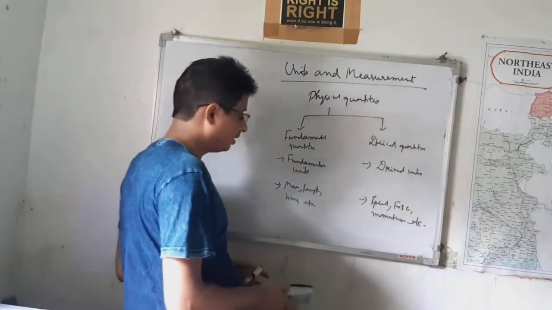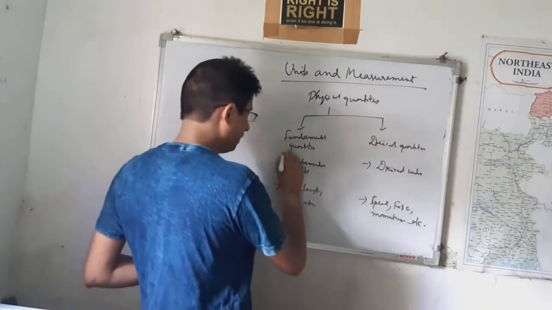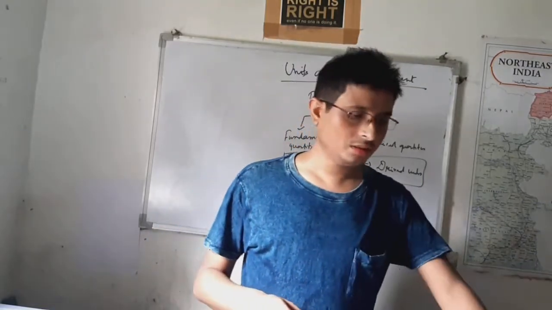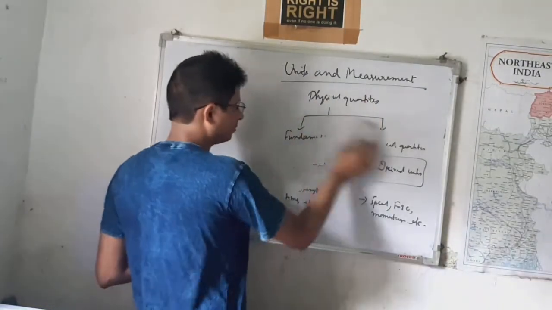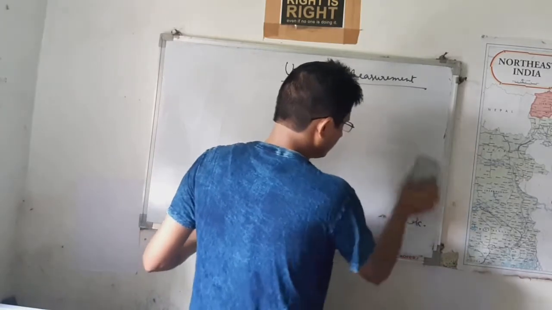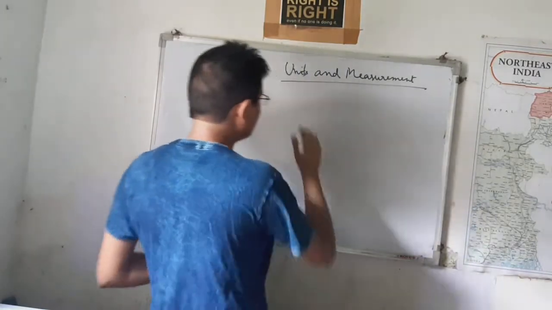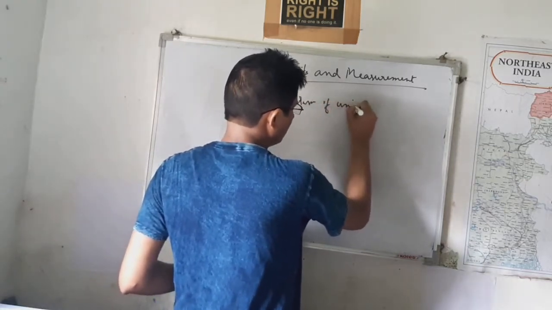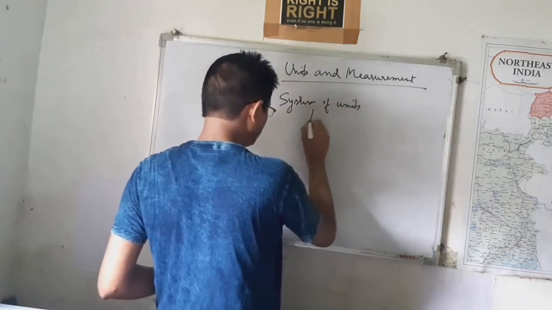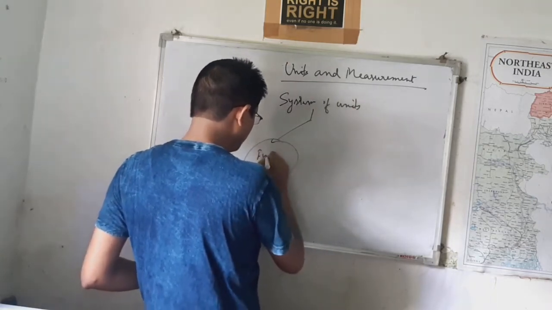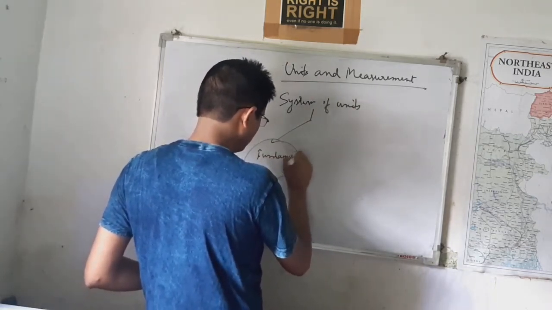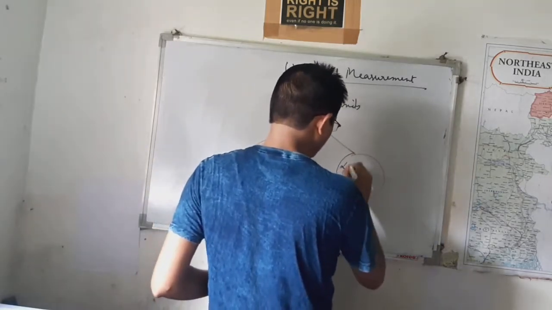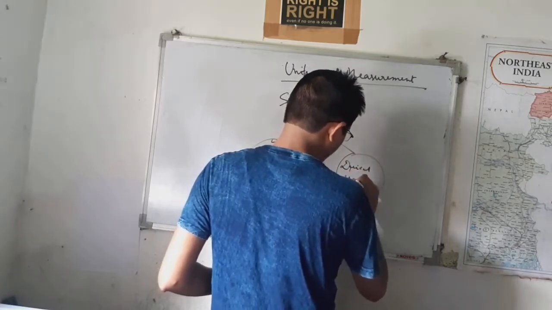Now, these fundamental units and derived units together are considered as a system of units. So a system of units includes both fundamental units and derived units.